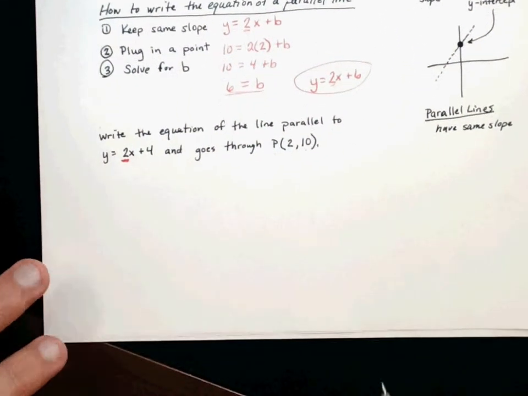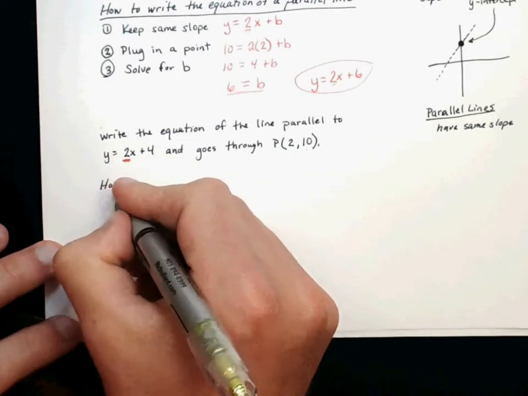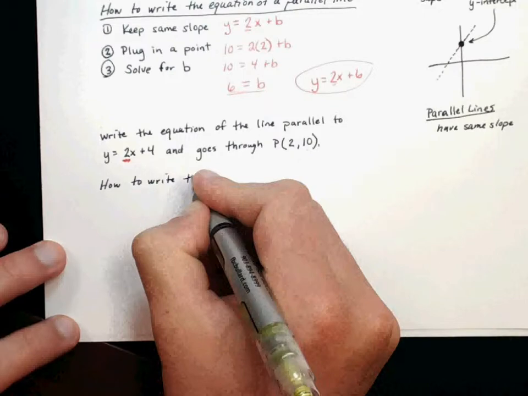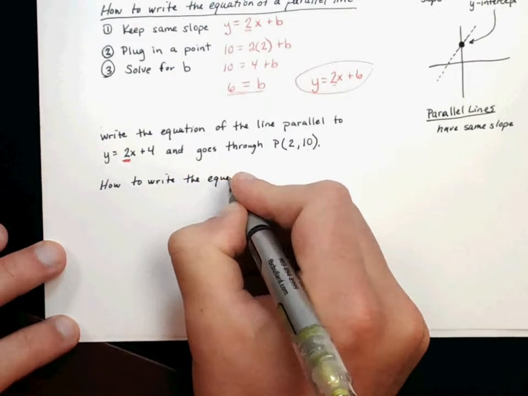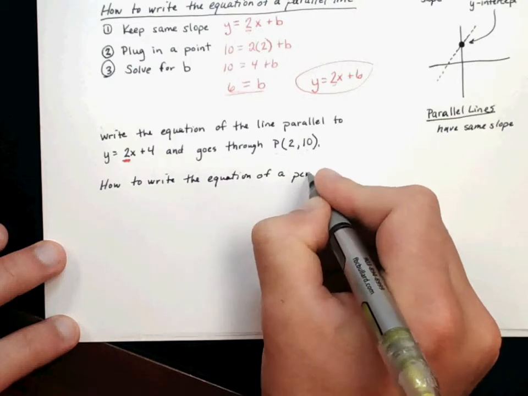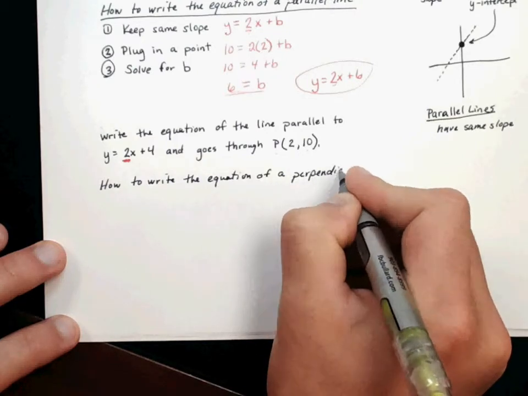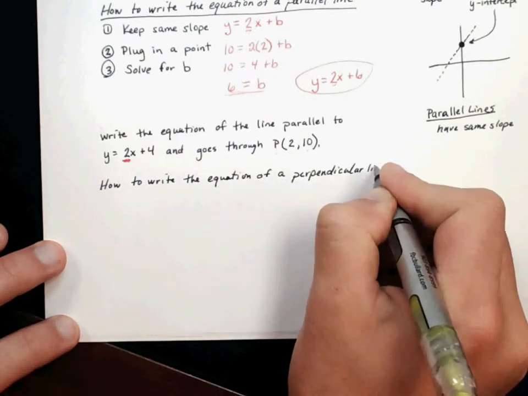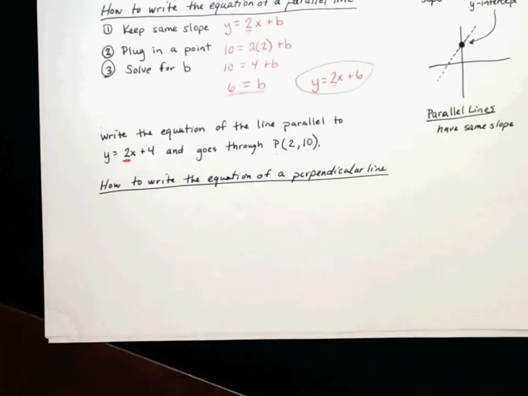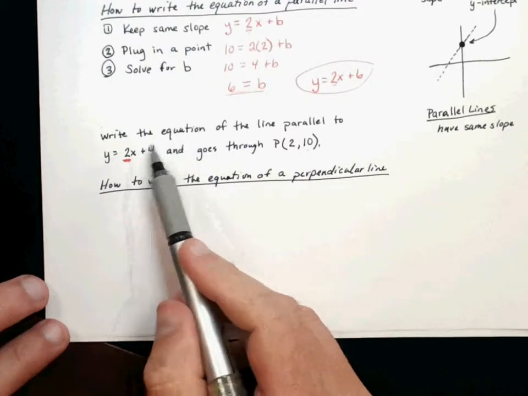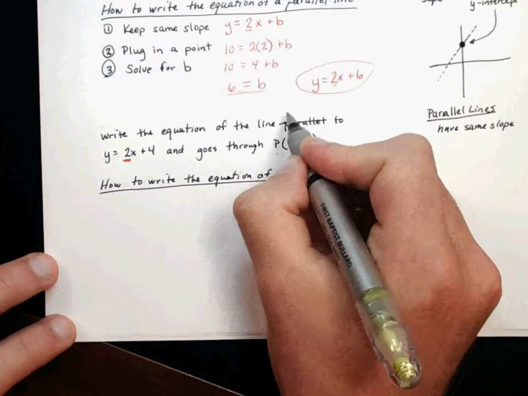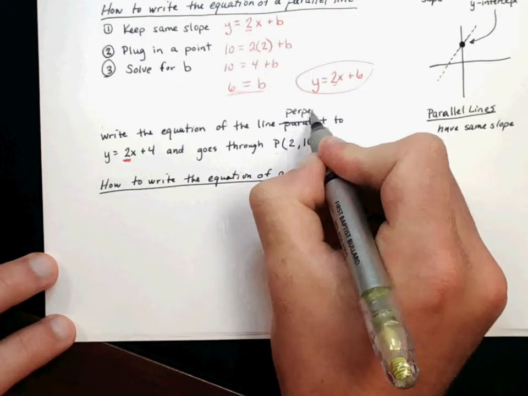Okay, a couple more things. Next we're going to talk about how to write the equation of a perpendicular line. Okay, we're going to use this same example right here, except this time we're going to say perpendicular.